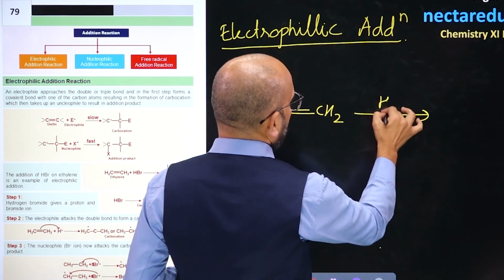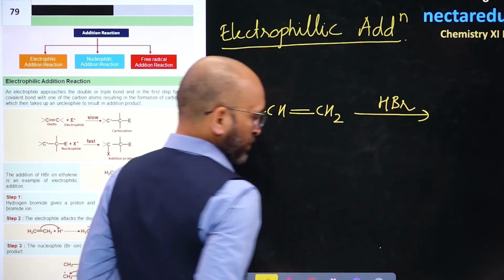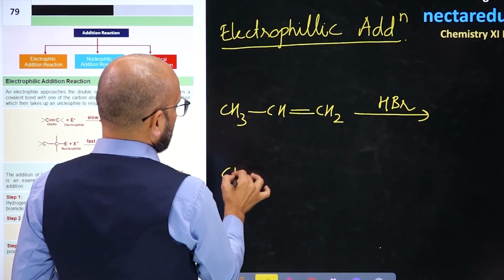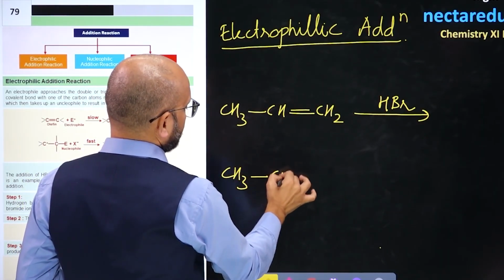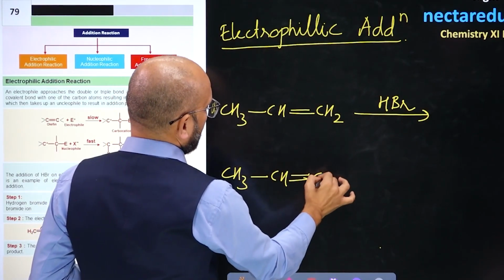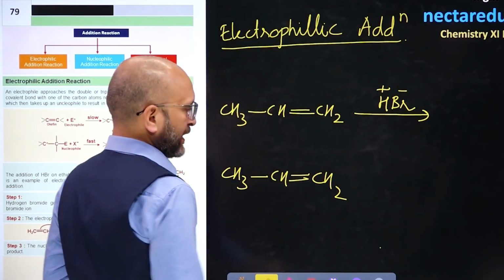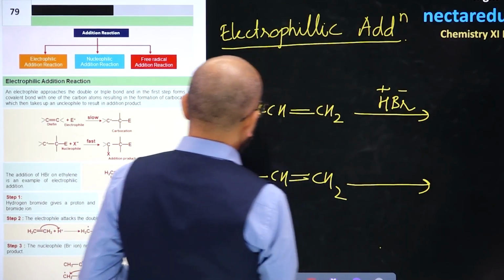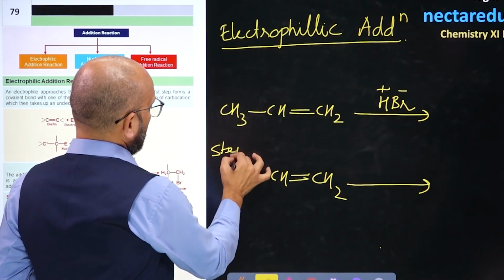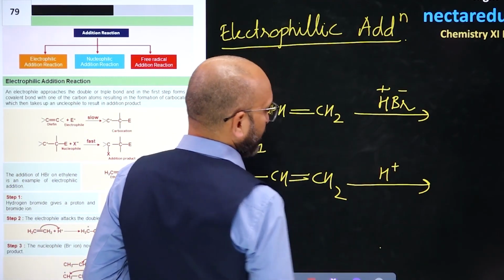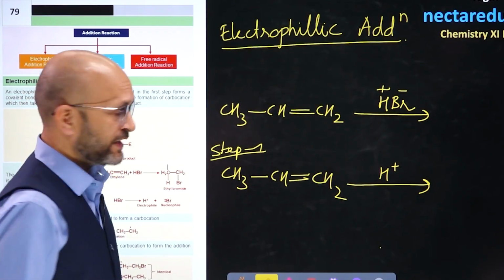If HBr is taken, the mechanism goes like this: we have CH3CH=CH2. Now H+ and Br- are attacking. So in step 1, attack of the electrophile occurs. That is why we have given the name electrophilic addition reaction.